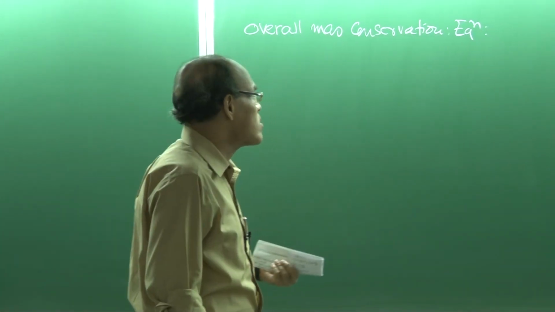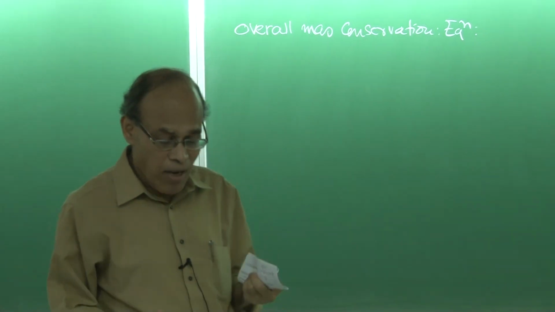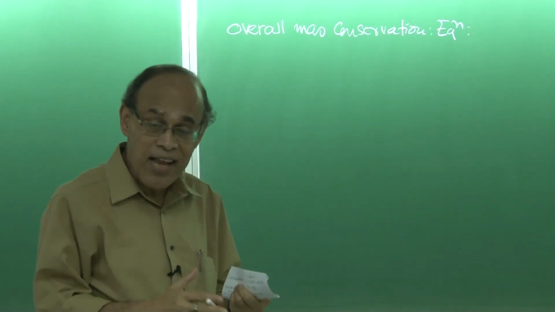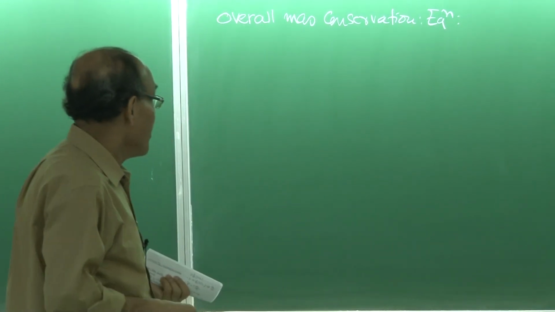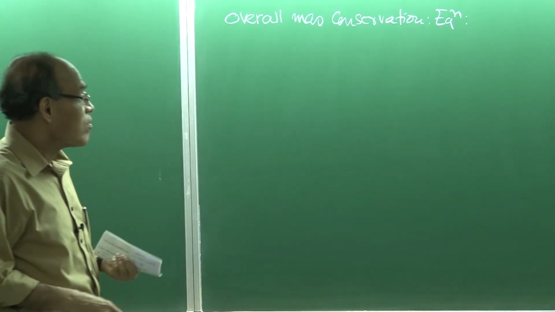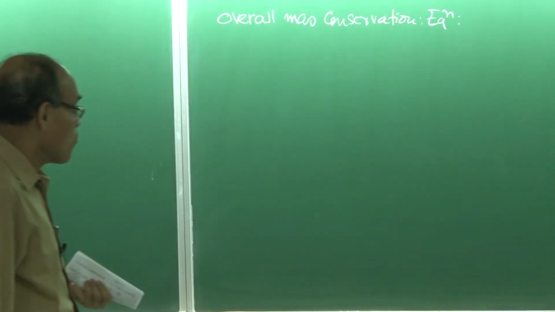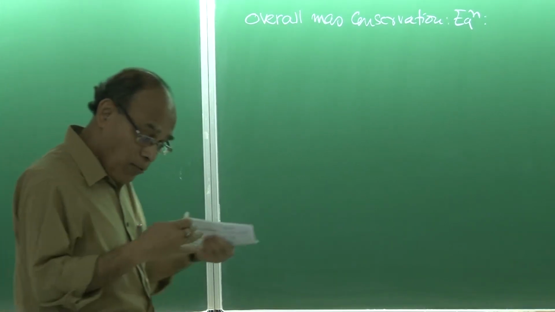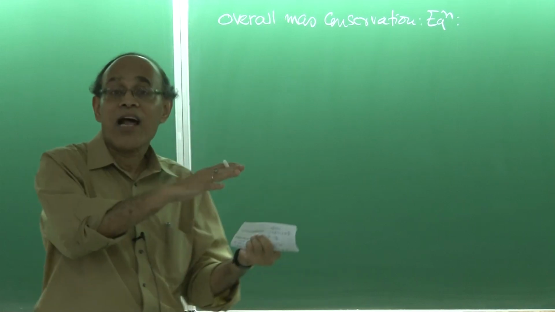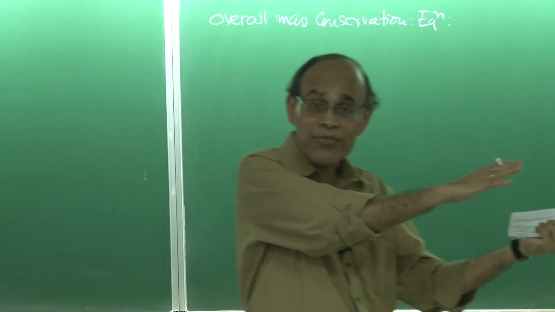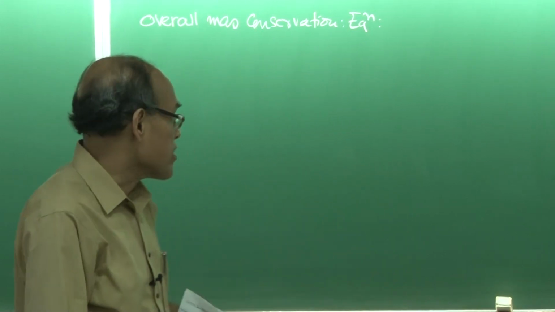Once you get yourself familiarized, I wrote the 2 components in the class last time and asked you to do the 3rd component, and I hope that all of you have really taken care to arrive at the 3rd equation, given the first and the 2nd equation, and once you acknowledge the form in which they appear, with the convection terms as well as the unsteady term on the left hand side, and the pressure gradient, diffusion, and body force terms on the right hand side.